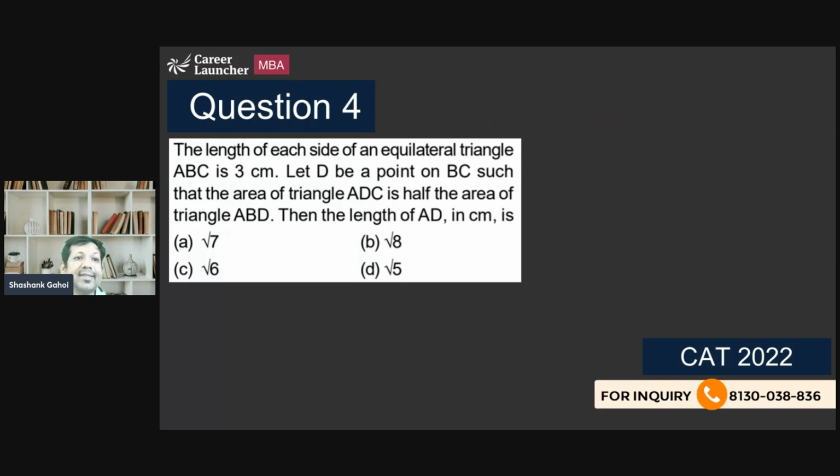What does it say? It says that the length of each side of equilateral triangle ABC is 3. Okay, D is a point, so I think I need to draw it a little bigger.